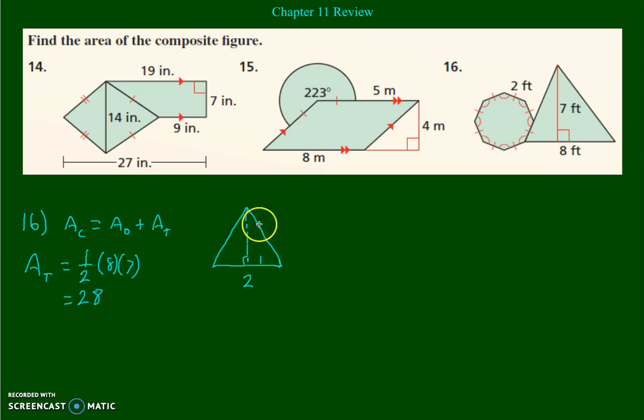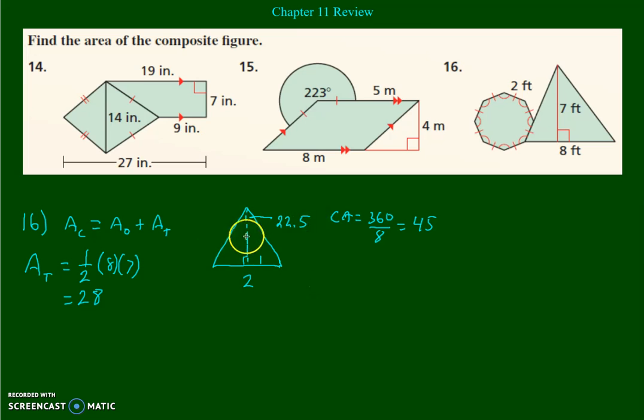We can find the measure of the central angle because we have 8 sides. One central angle is 360 divided by 8, which gives us 45. So this whole angle is 45, and that gives us the measure of this angle as 22.5.